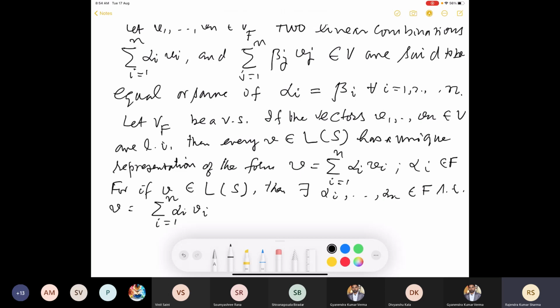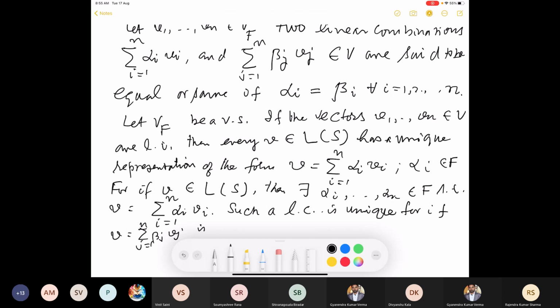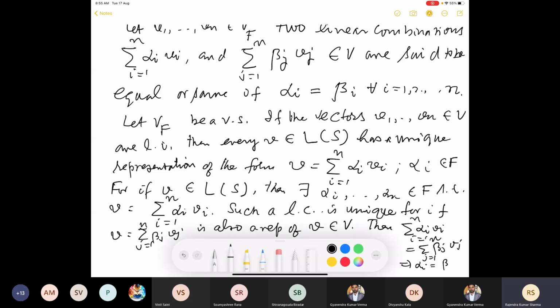Now, such a linear combination is unique, for if there is some other linear combination, sum of beta j Vj, j equal to 1 to n, which is also a representation of V, then these two linear combinations become equal. Sum of alpha i Vi, i equal to 1 to n, is the same as sum of beta j Vj, j equal to 1 to n, will force that each alpha i is equal to beta i, because that is how we have defined the linear combinations. Why so?